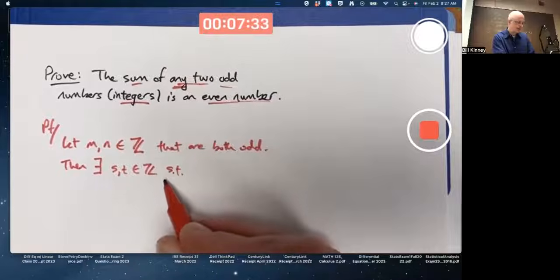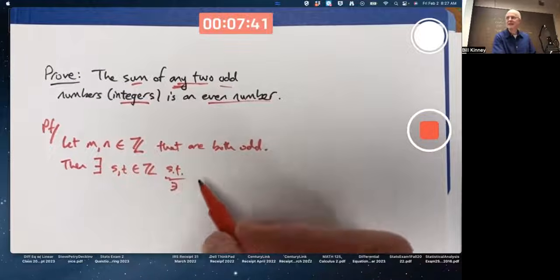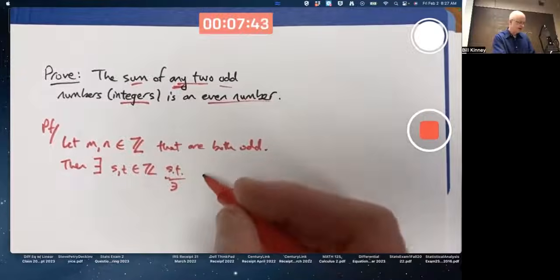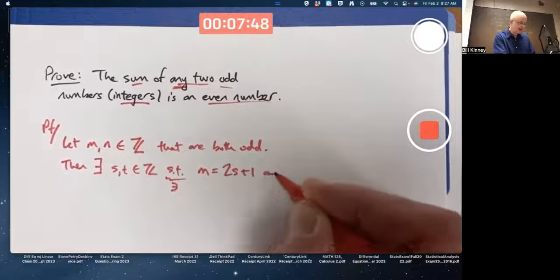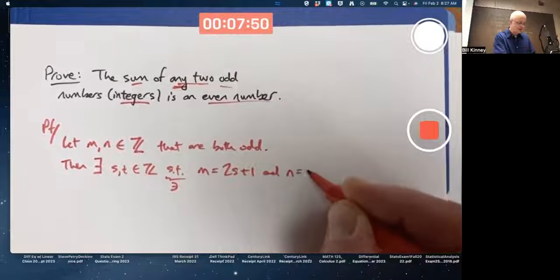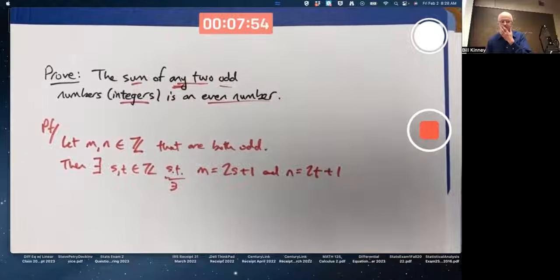Other people will abbreviate this in a funny way. They will do a backwards element of, but I think that's a bit confusing. So I typically use just s.t. for such that m equals 2s plus 1 and n equals 2t plus 1, right? s and t are not necessarily the same, because m and n are not necessarily the same.